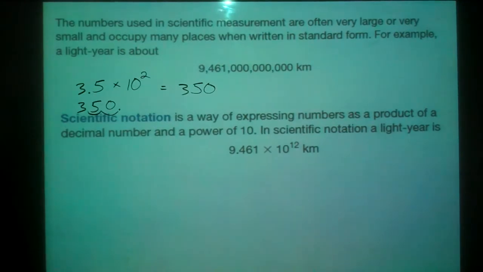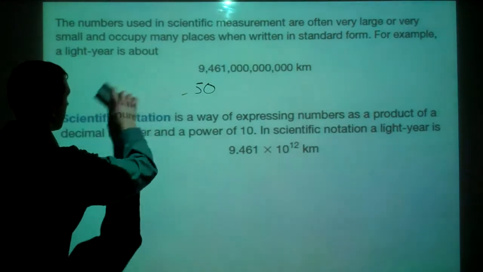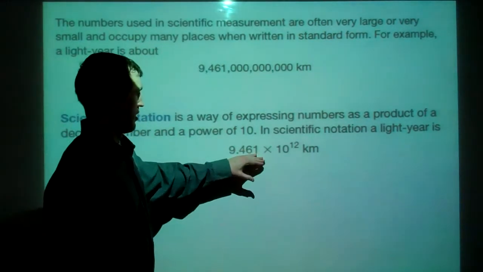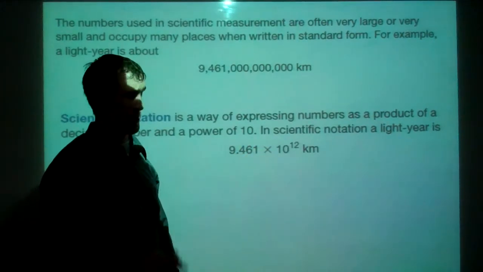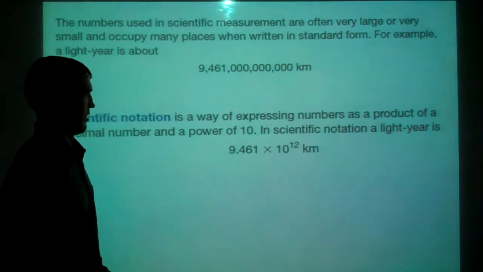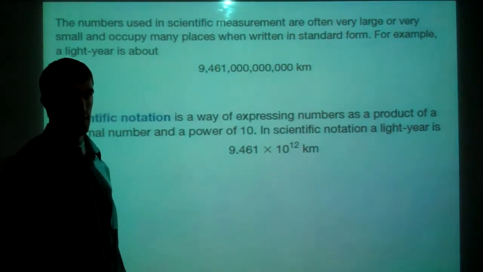Okay? So what this actually means, the example that we're looking at, this means 9.461 times 10 times 10 times 10 times 10 times 10, 12 times. Or when you look at it, we're just moving place values.